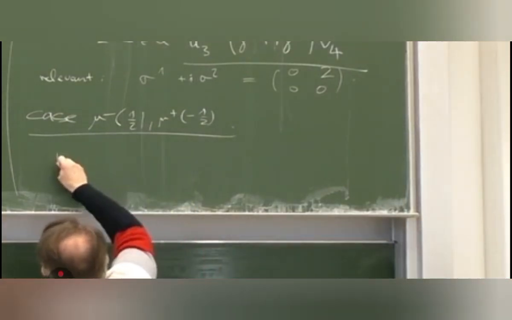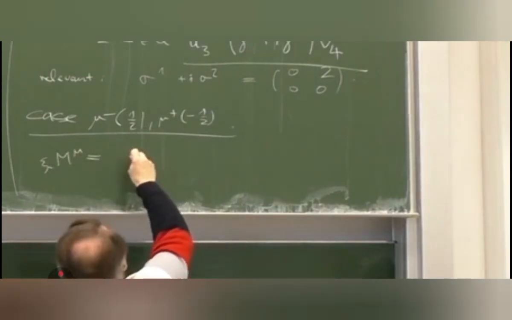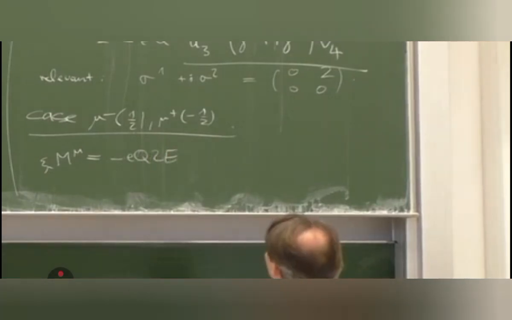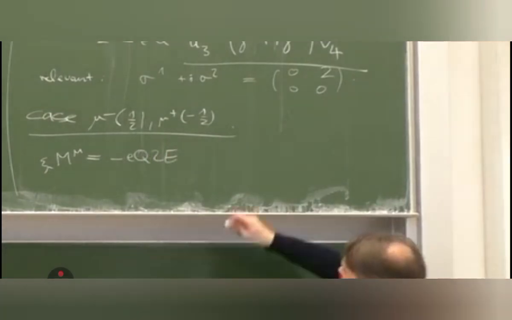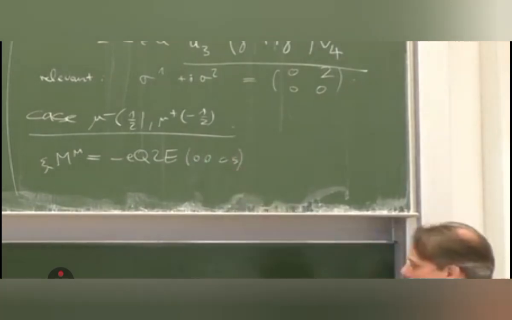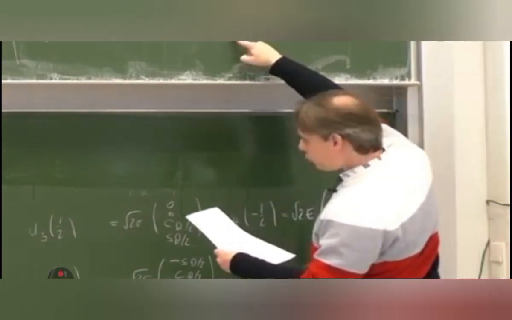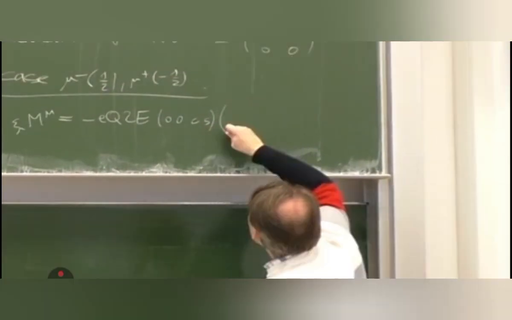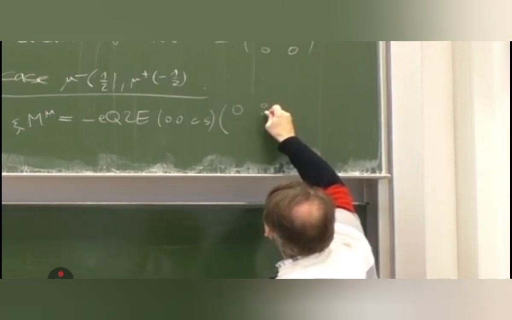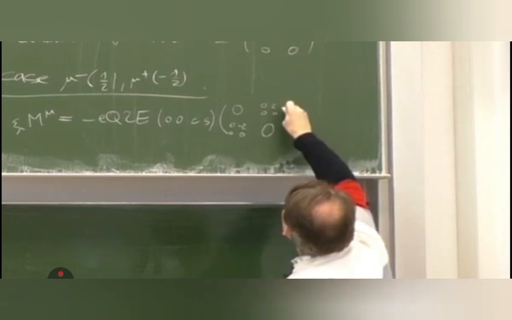Then our epsilon mu times m mu becomes the following: minus e q times 2 times the energy. And then our spinor here is this 0, 0, c, s, and c and s always are cosine and sine of theta half. Then we have this block matrix here, 0 block, and here the block 0, 2, 2, 0, and here the block 0, minus 2, 2, 0, and everywhere else 0.